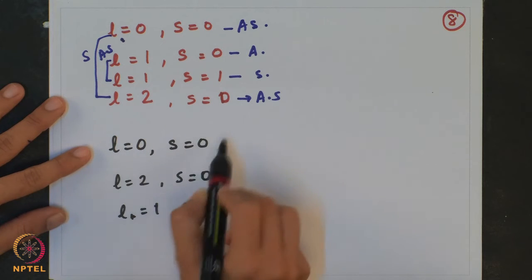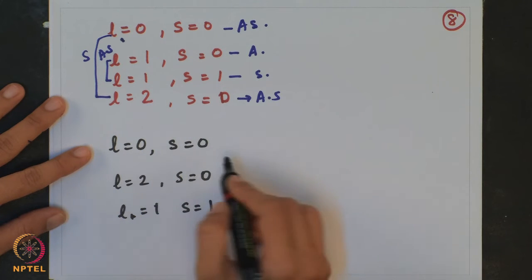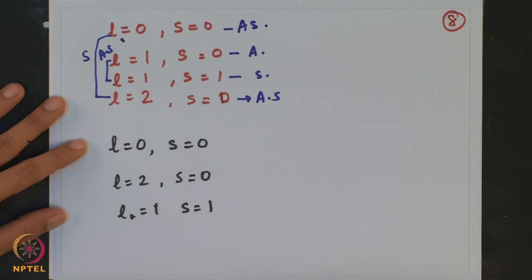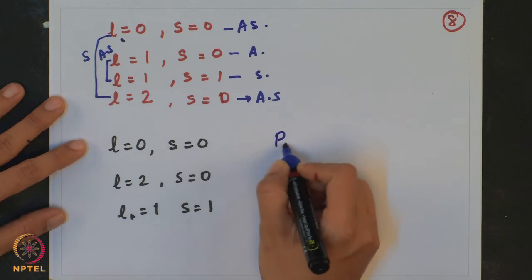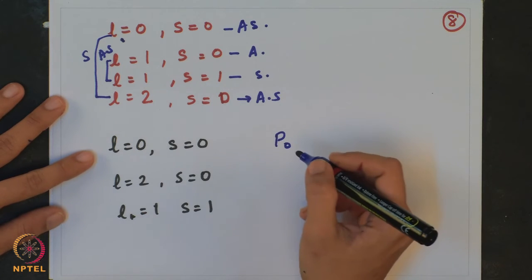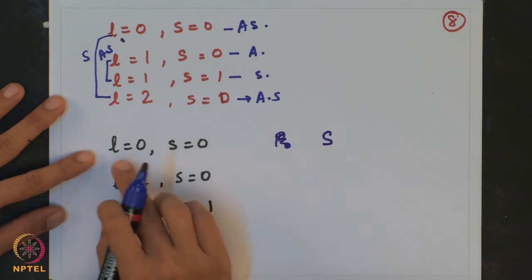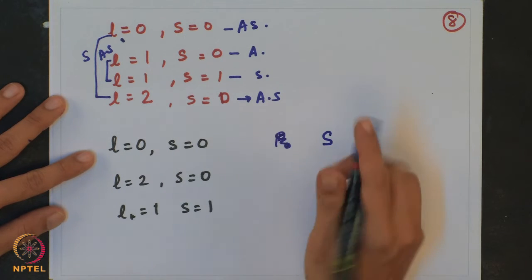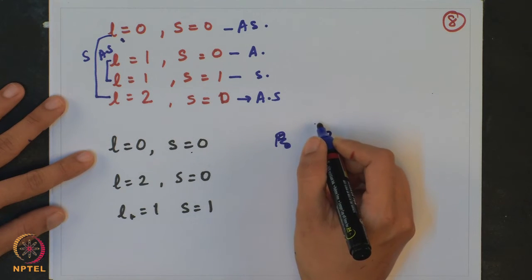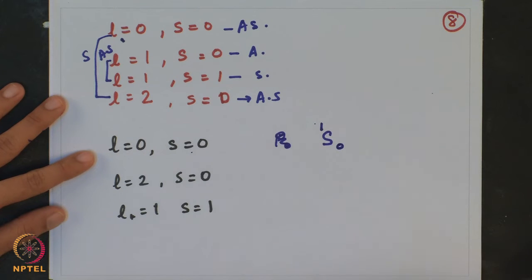So, in the spectral notation the corresponding states can be written as follows. L is 0, so I will have here S because L is equal to 0. S is equal to 0, so I have here just 1, and J for this combination is 0.